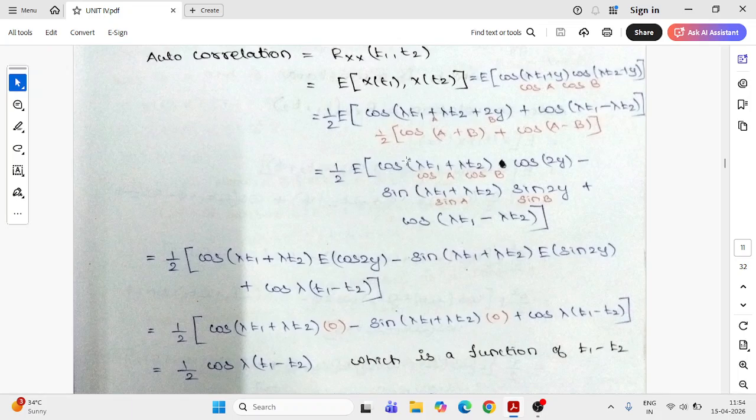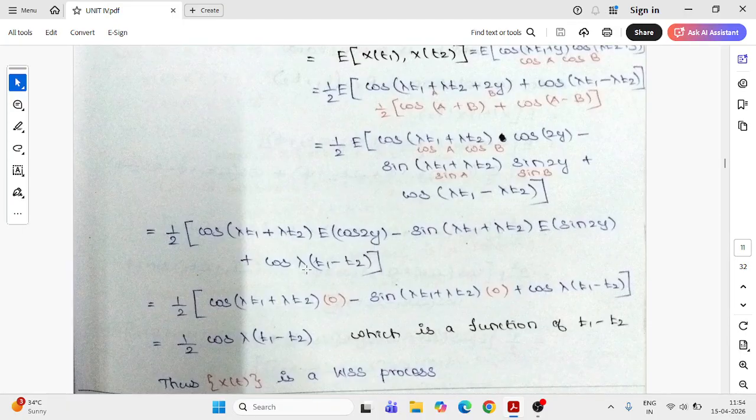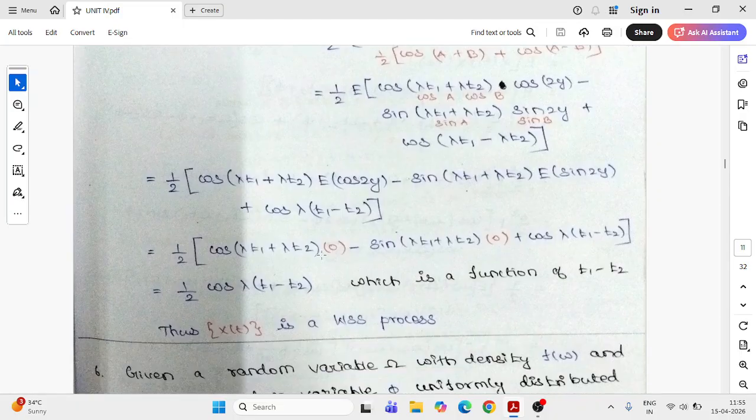We are taking this expectation inside. So this is cos(λt1 + λt2) E[cos 2Y] minus sin(λt1 + λt2) E[sin 2Y] plus cos λ(t1 − t2). We already know that the expectation of cos 2Y is 0 and the expectation of sin 2Y is 0. When you replace this, these two terms totally vanish when multiplied with 0.